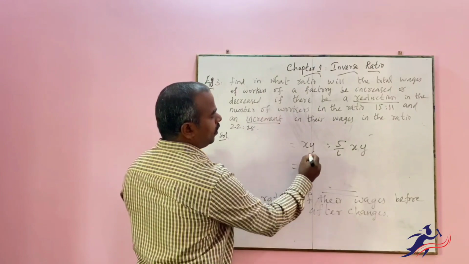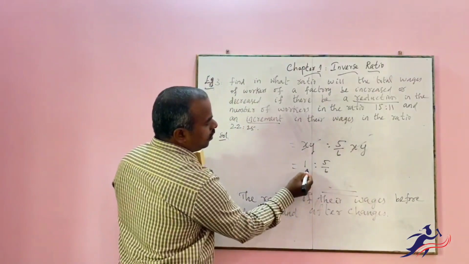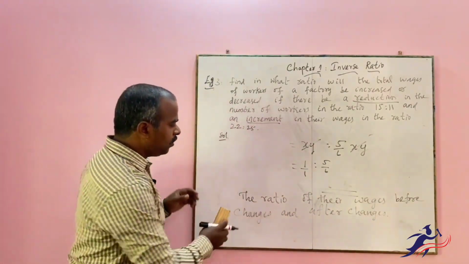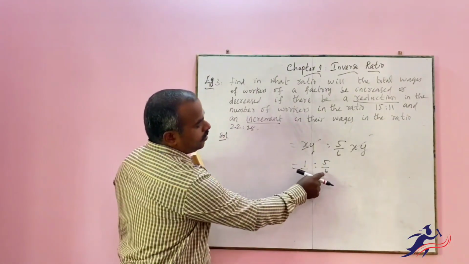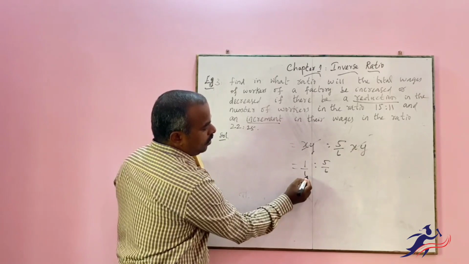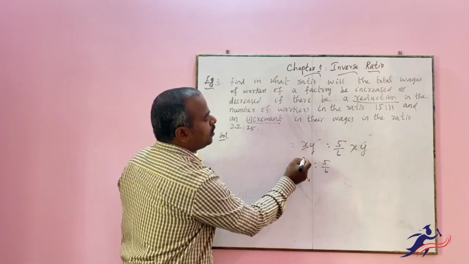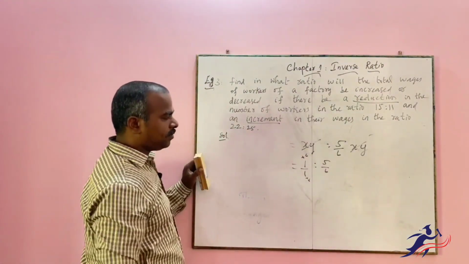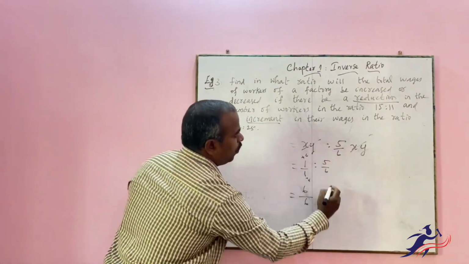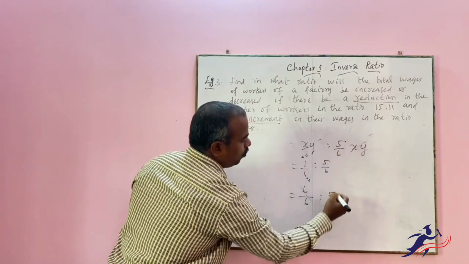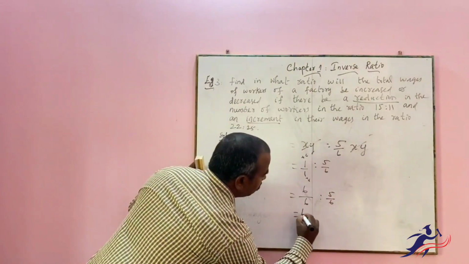Now we can cancel xy, that is 1 is to 5 by 6, that is 1 by 1. So now we can convert the denominators into the same, that is 6. So 1 is multiplied by 6, we get 6. If you multiply the denominator by 6, you must multiply the numerator also by 6. That is 6 by 6 is to 5 by 6. Now the denominator is same, so we can write the numerators, that is 6 is to 5.